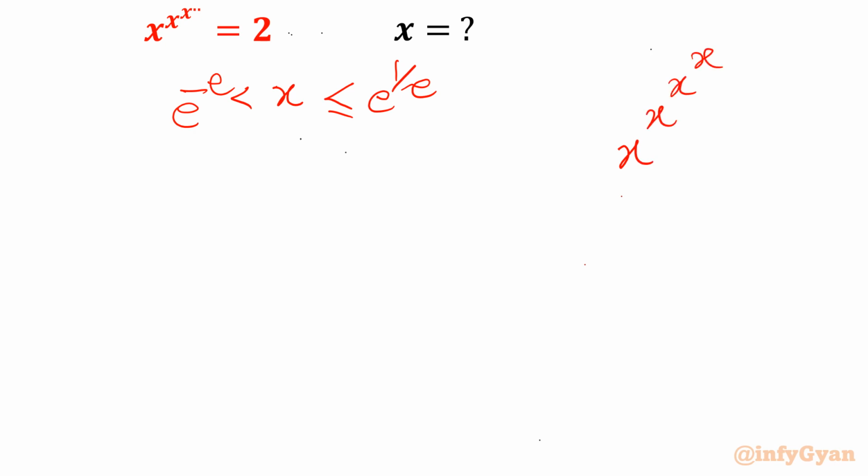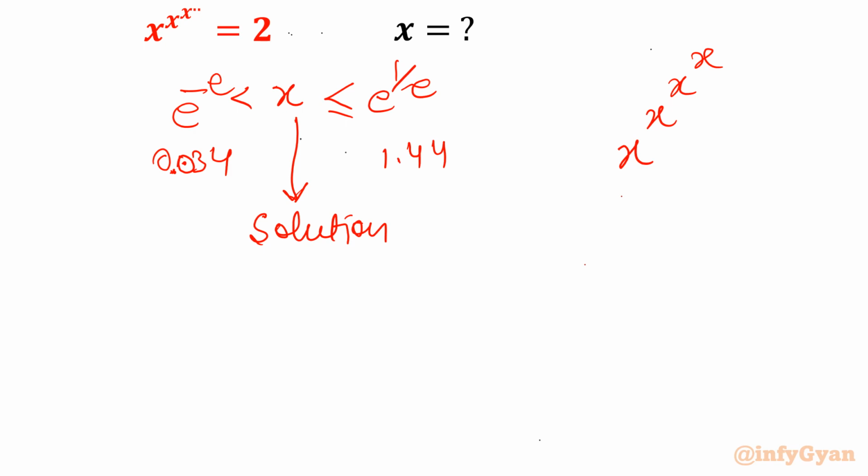If suppose you get x square somewhere or 2x somewhere, then that is not applicable. So if you calculate this value, it will come out 0.034 and 1.44.